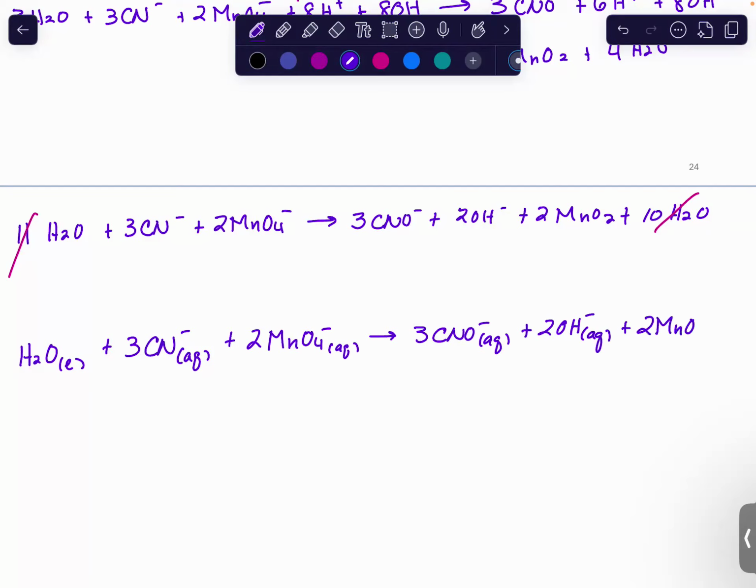And the manganese 4 oxide was a solid. That gets us our balance in a basic solution. So again, notice all the protons are gone. We have excess hydroxide, but that doesn't matter. We've neutralized all the acid.